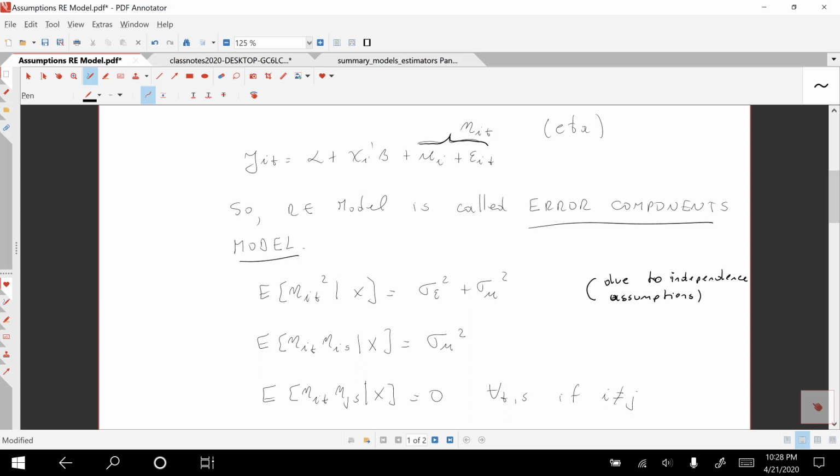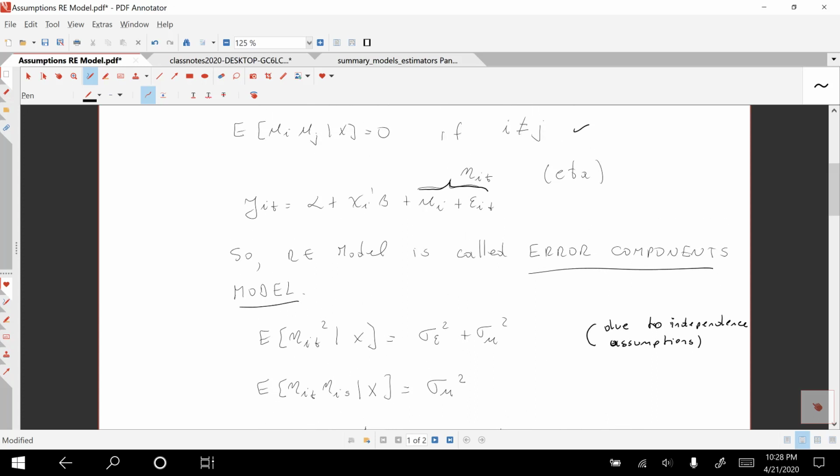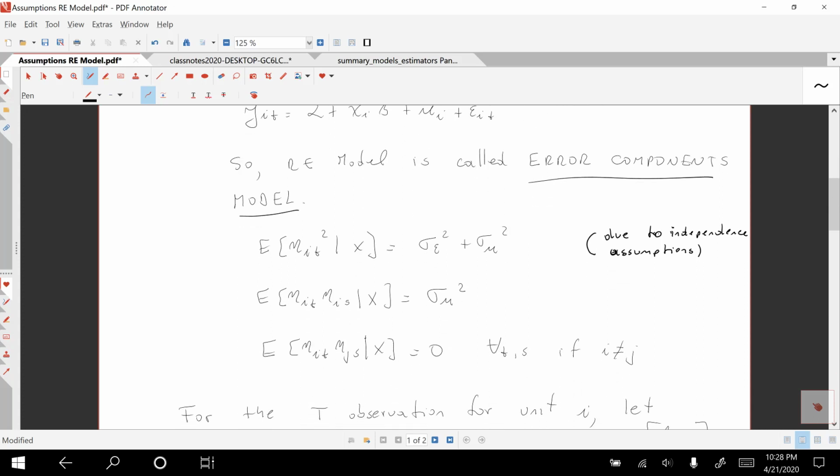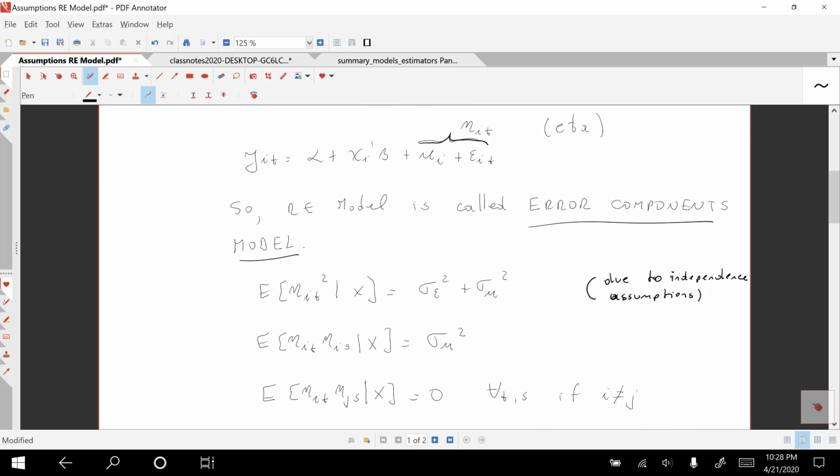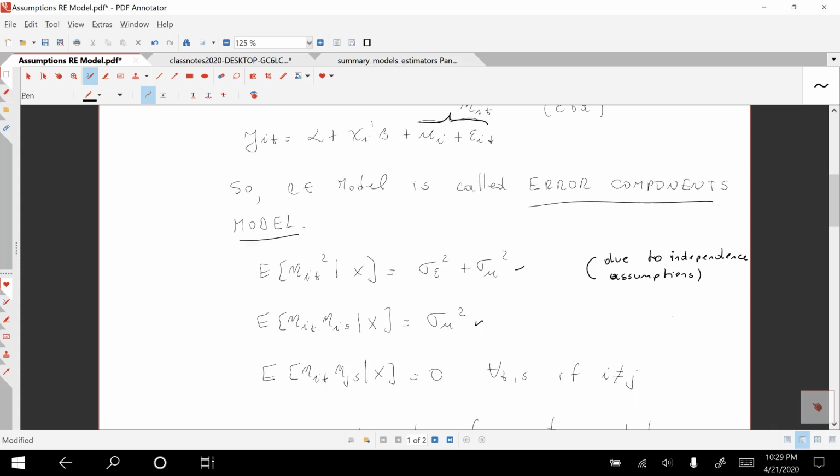So the variance of these two errors is equal to the variance of each individual error. There are no correlations. Also, the covariance between these eta terms is going to be equal to the variance of only the individual level errors. And again, you can prove that. That's again due to the assumptions of the model.